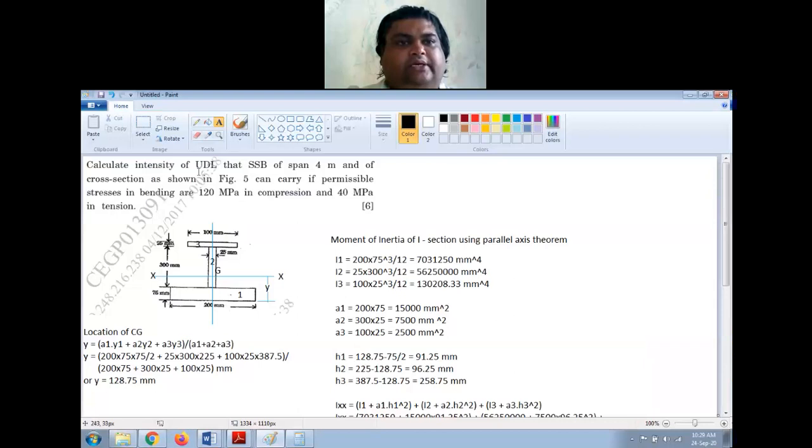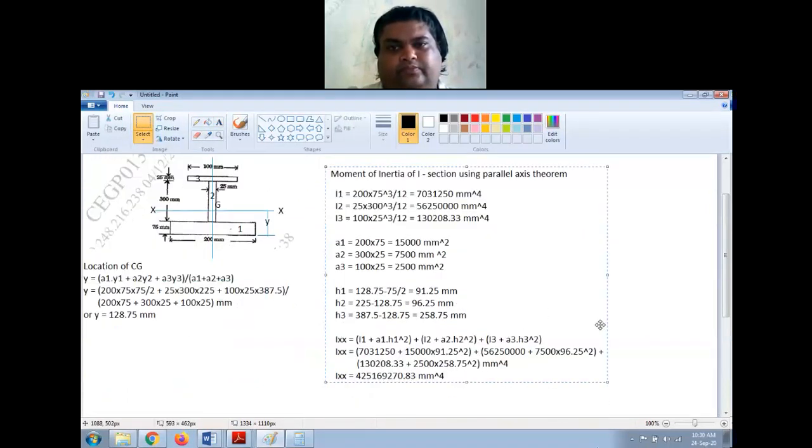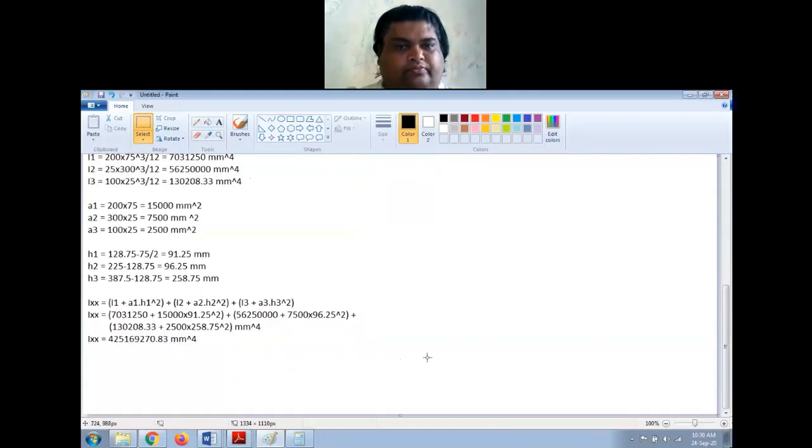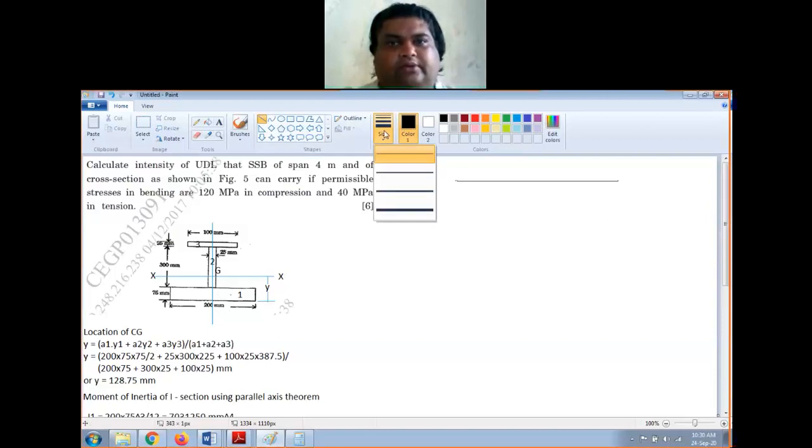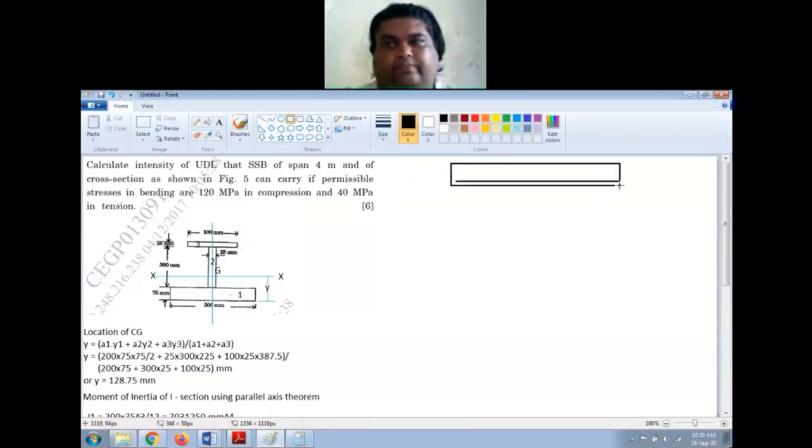Let us go to the question. It is a UDL and simply supported beam. Okay. I'll just move this. All right. Now I'll just draw a UDL. This is my beam, and on this I have to apply a UDL like this. I'll just fill this.